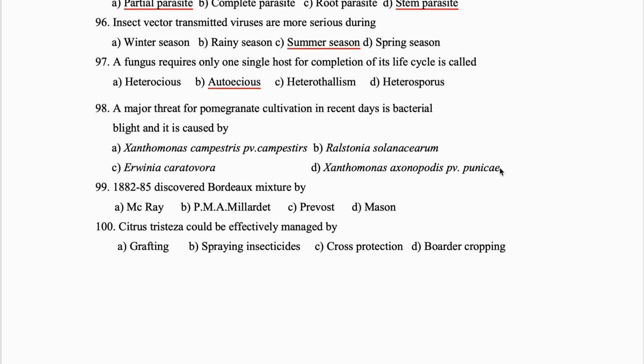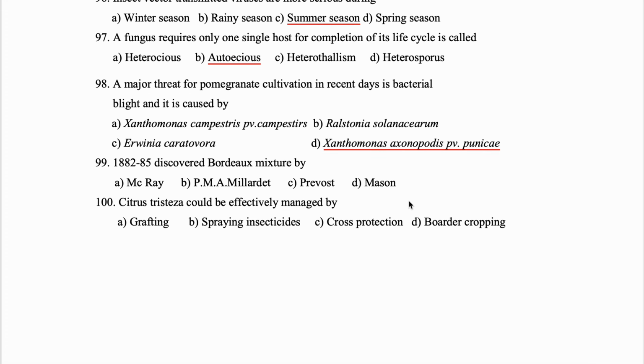With this term itself, we can guess that it will be a pathogen related to pomegranate, because the scientific name of pomegranate is Punica granatum, something like that. Please go and check. I'm not sure, but that's how we can guess, even if we don't know the answer, that option D will be the correct answer.